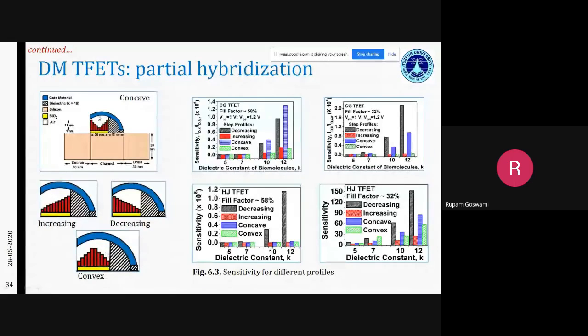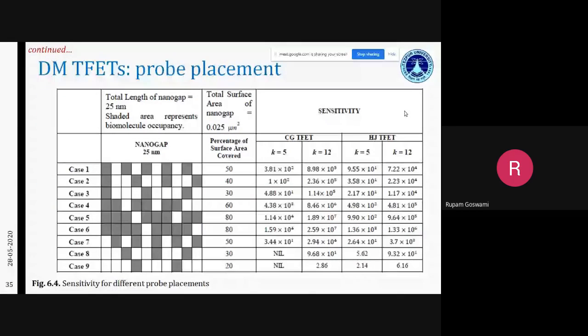So it is related to the arrangement of the biomolecule steps for these different profiles. And we have concluded that if your biomolecules are lying more towards the tunnel junction with a higher step height, then your sensitivities will be higher.